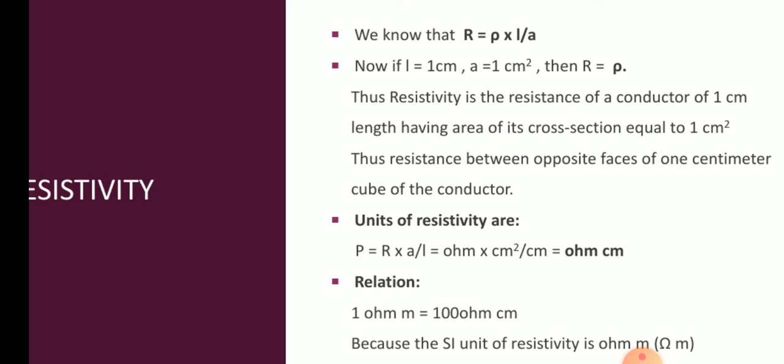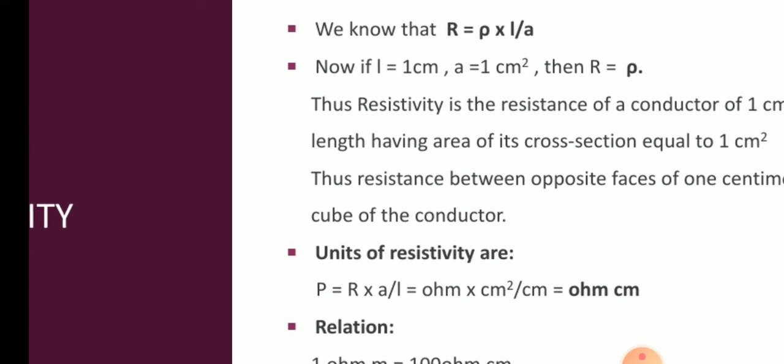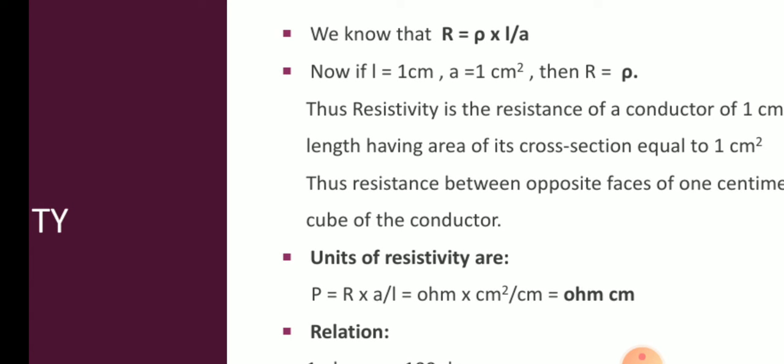When L is equal to 1 centimeter and area is 1 cm square, then with the relation R equals rho multiplied by L by A, R will be equal to rho.